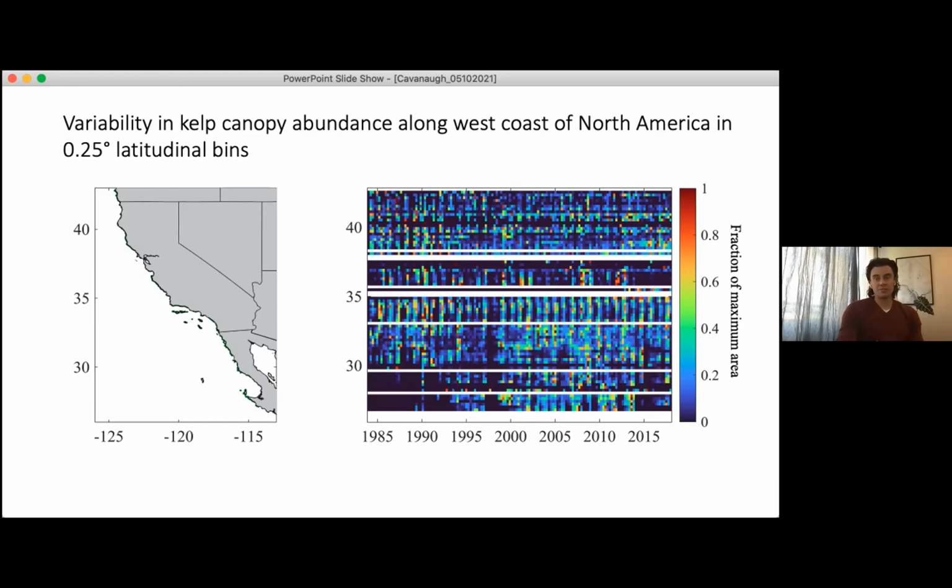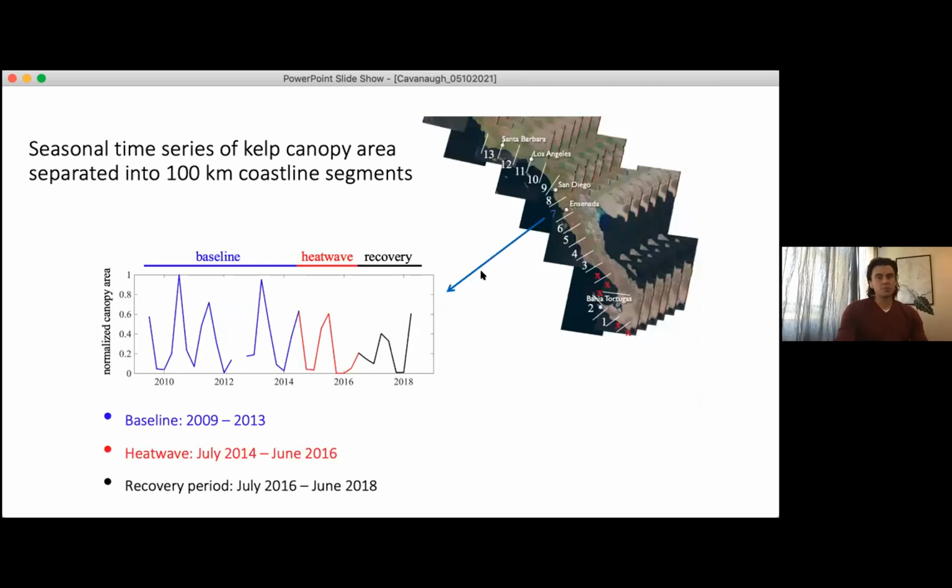Whereas Northern California, this little section here, and parts of the southern end of the range in Baja California were really negatively impacted. So in the next 10, 15 minutes, I'll take a closer look at these two areas that did appear to be strongly impacted by that heat wave. So first, we're going to take a closer look at Baja.